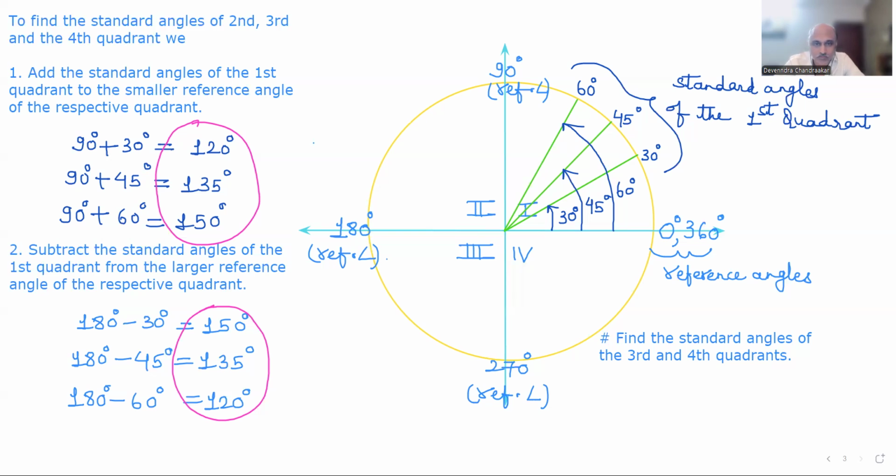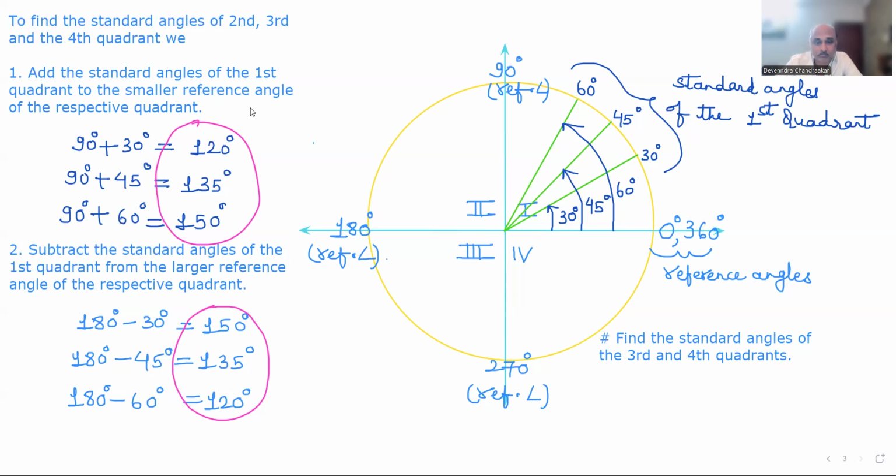Very good, Nilangshi. Arshit, please check your addition of 180 plus 45 once, beta. Arshit Srivastava, check your answers.